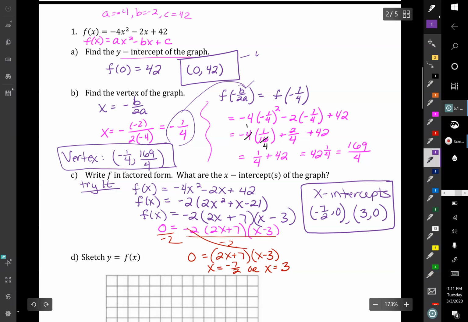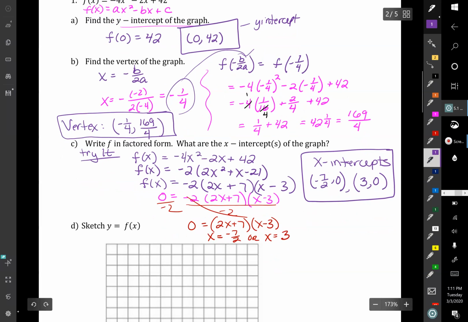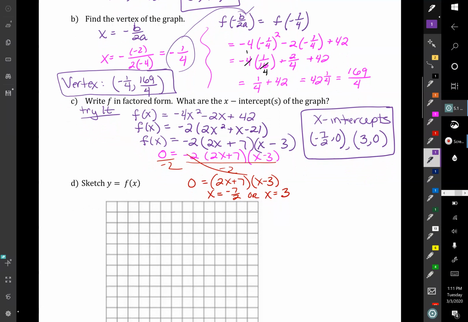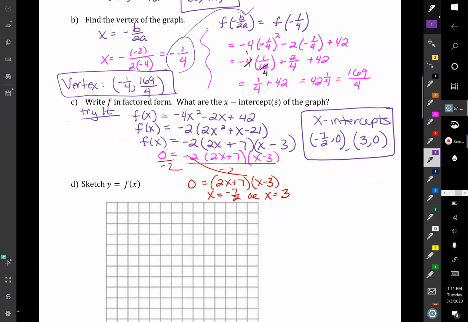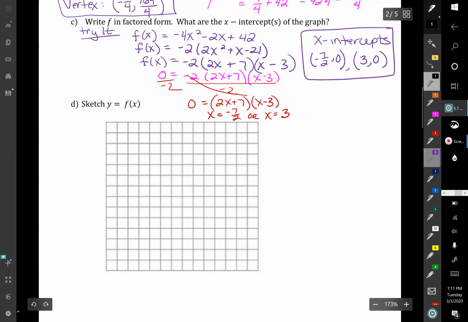Up here I should label that's my Y-intercept for part A. And now I'm going to sketch a graph. So I can use all this information to sketch my graph. And I have to set my scale to something that'll work well.